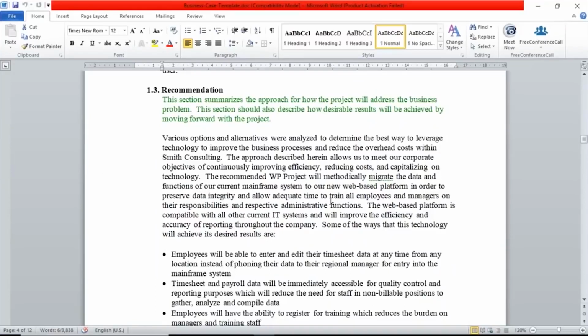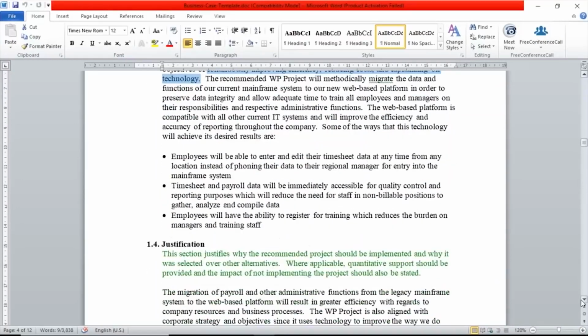The approach described here allows us to meet our corporate objectives of continuously improving efficiency. This is very important. What is the objective ultimately? At a corporate level, in this case, Smith Consulting has the objective of improving efficiency, reducing cost, and capitalizing on technology. So there is some technology already in place. Can we capitalize on that technology and achieve some of these business objectives?